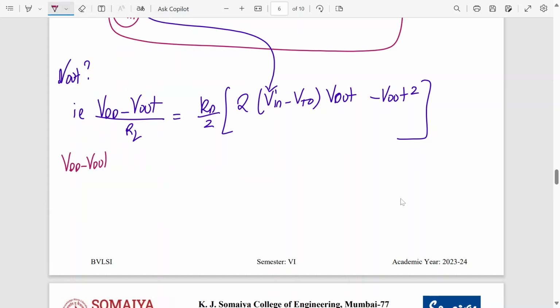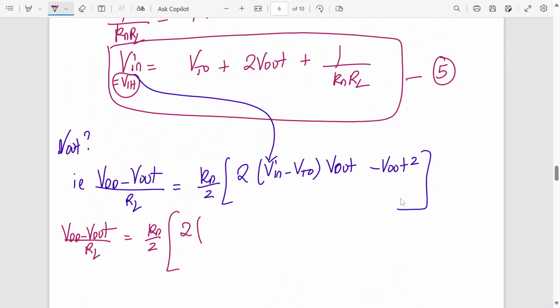So it will be VDD minus V out upon RL is equal to Kn by 2 into twice, we substitute the value of V in, so V in is nothing but VTO plus twice V out plus 1 upon Kn into RL. Here it is minus VTO. Now this term will come as it is, right? Minus VTO.